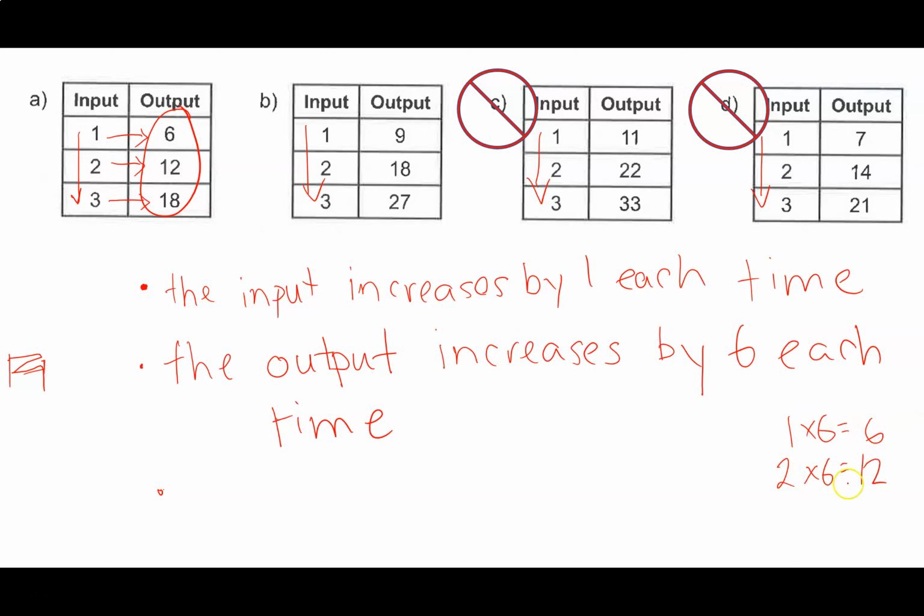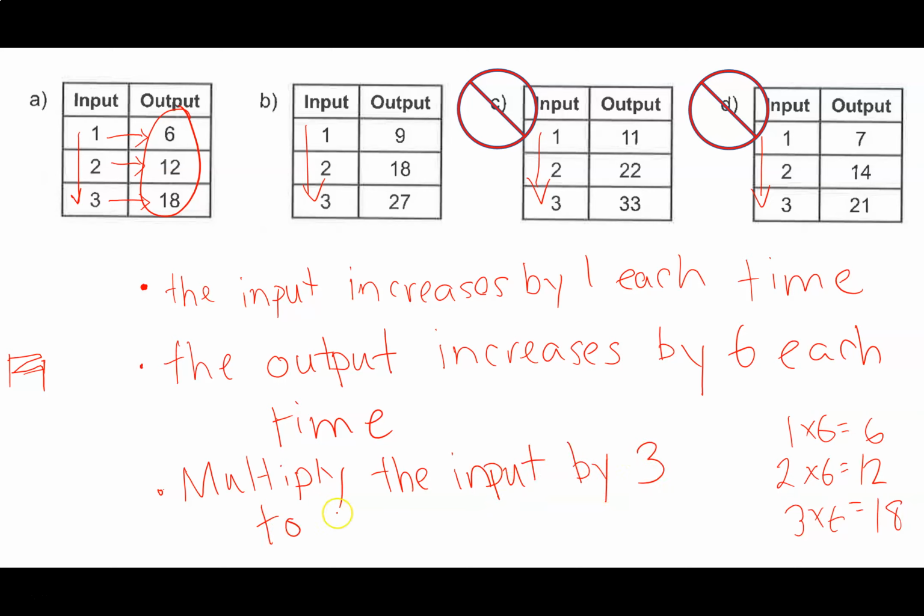Yes, it equals 12. And lastly, 3 times 6 equals 18. We have found our rule. So multiply the input by 6 to get the output.